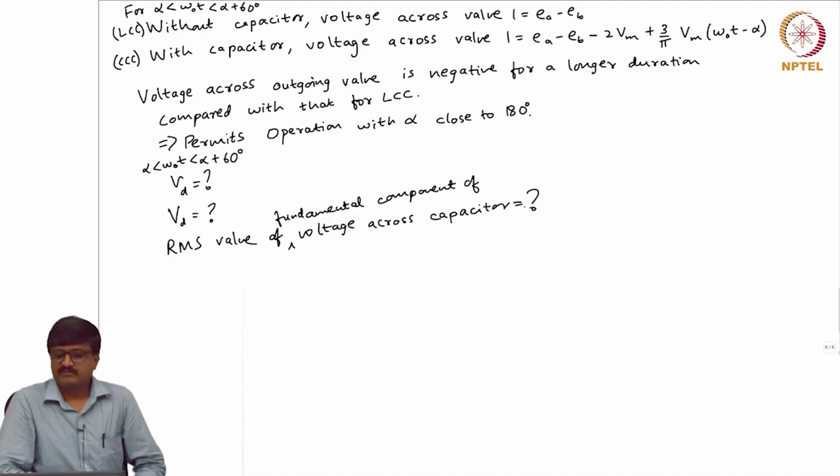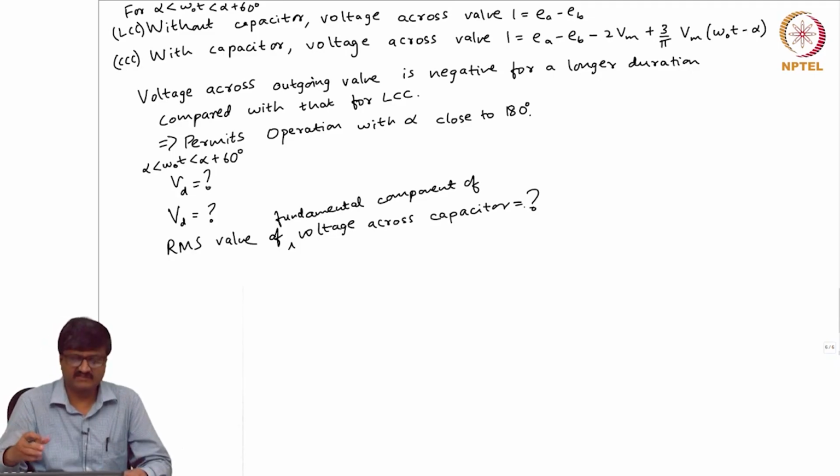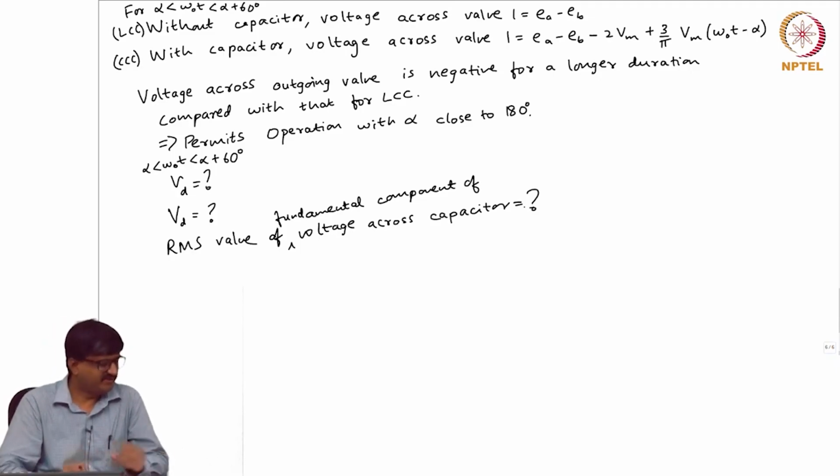Please try to get these expressions; I think they are straightforward. I will not be doing this in the class, but I will give the answers. Okay. So, we will stop here, and we will continue the discussion on this in the next class.